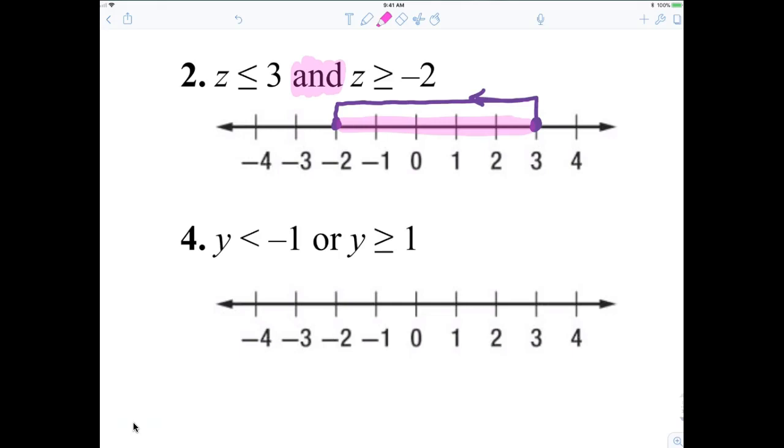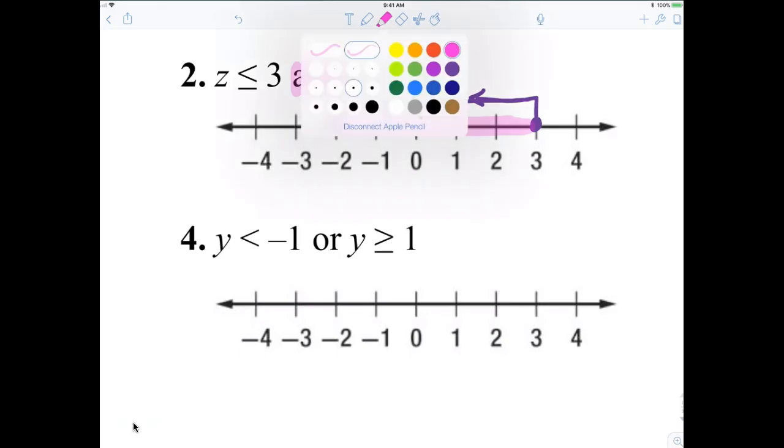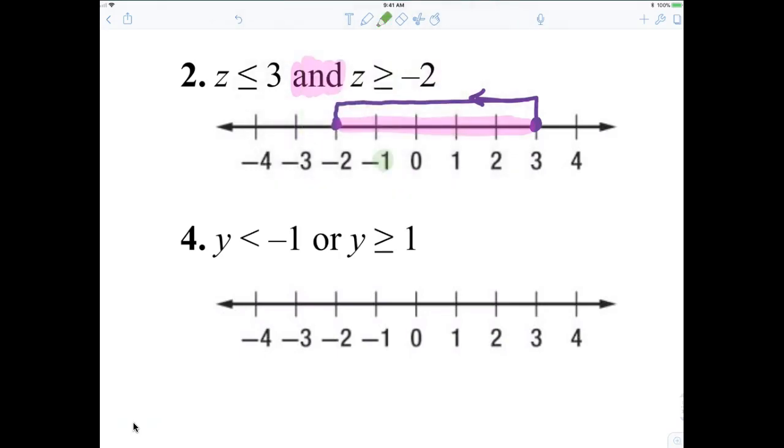All right? So an or statement can be true for one or the other. An and statement has to be true for both. So if I take, for example, -1, is -1 less than or equal to 3?